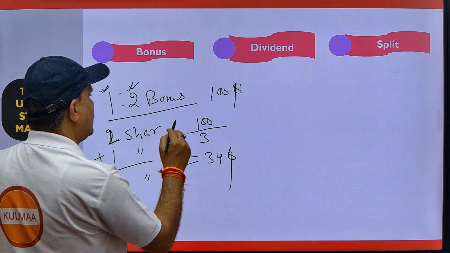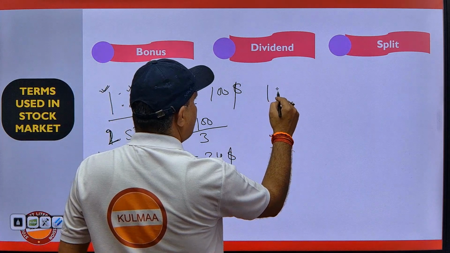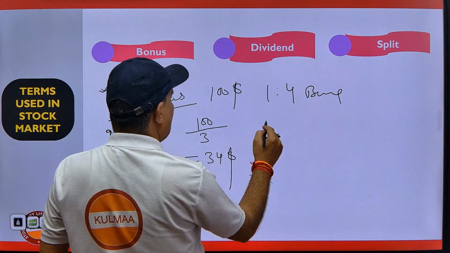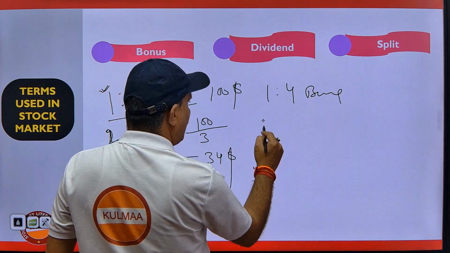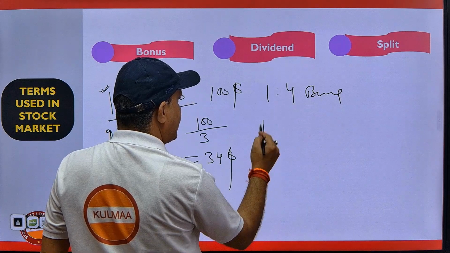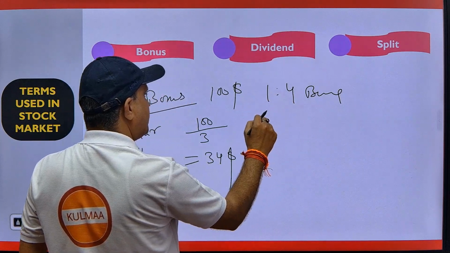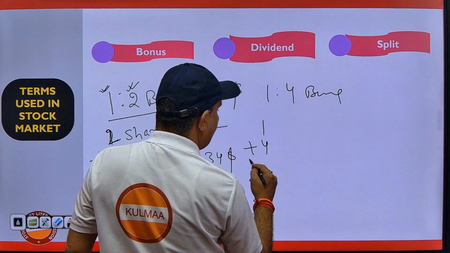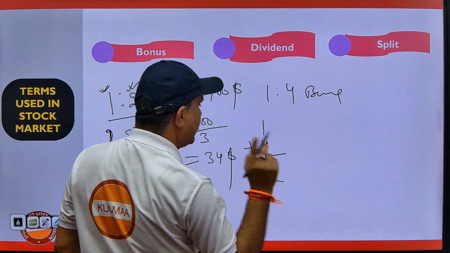So the company price will be around $34. If they are going to announce a 1:4 bonus, that means they are going to give us 1 extra share on every 4. That means we already had 4 shares before and 1 share they are going to give extra, so a total of 5 shares after that bonus.